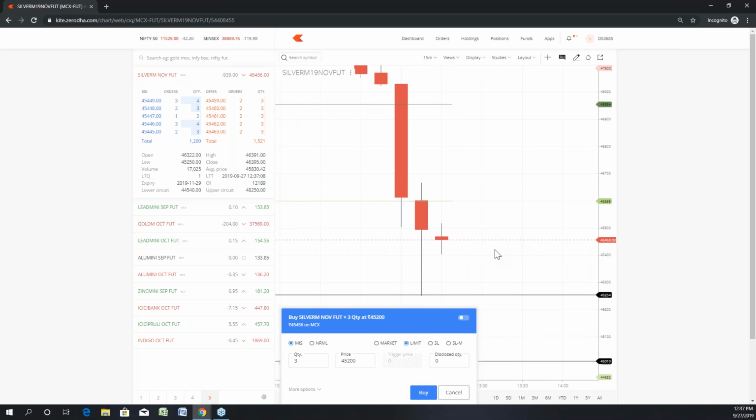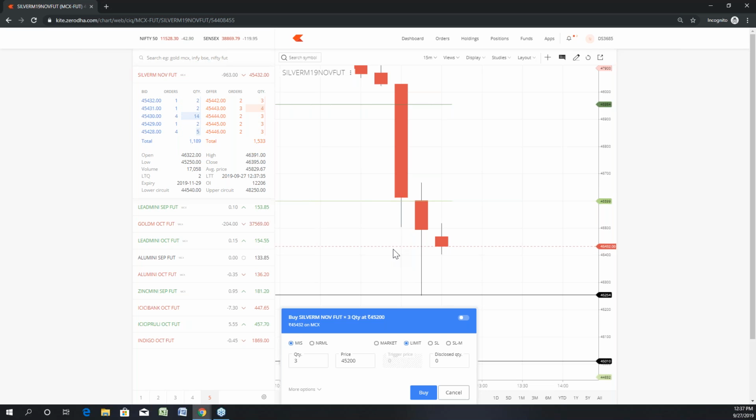Once again, I find it way more peaceful to trade in commodity than in equity. My personal favorite is silver. Every time I am in silver, almost every time I have made money. So it's kind of my lucky charm as well.